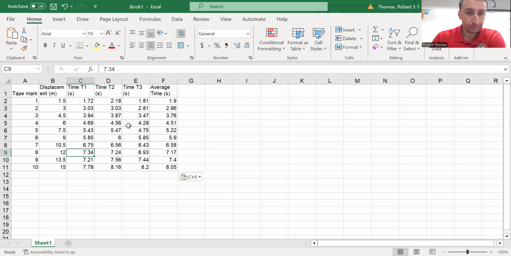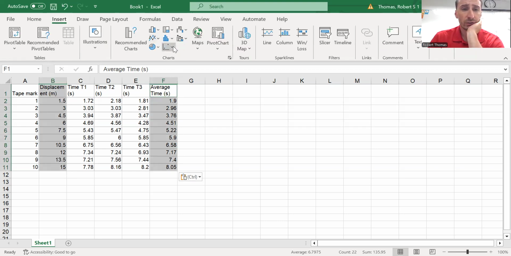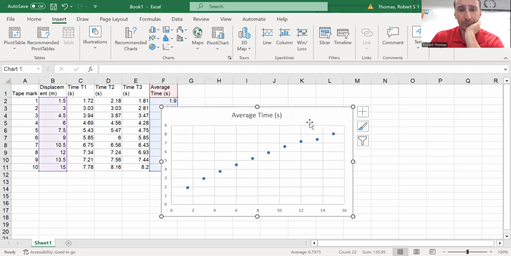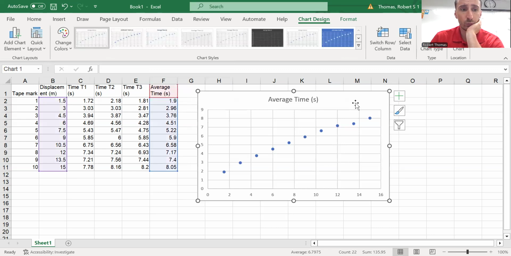So let's go ahead and make that. I'll take my displacement here in meters, control, average time, and then we'll insert a chart, scatter plot, and we want displacement on the Y. It goes, oh, so it's opposite.